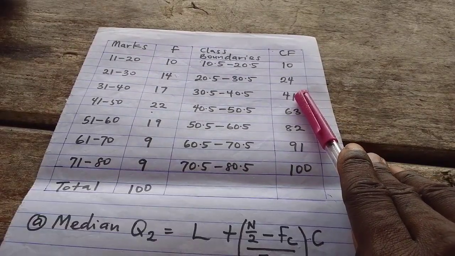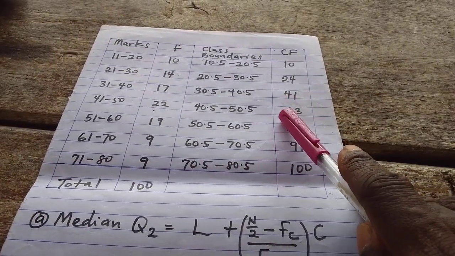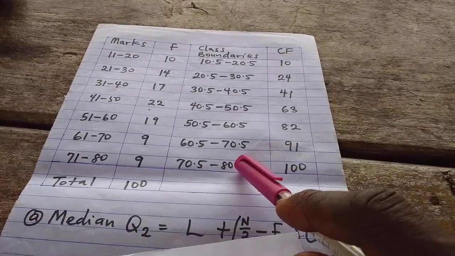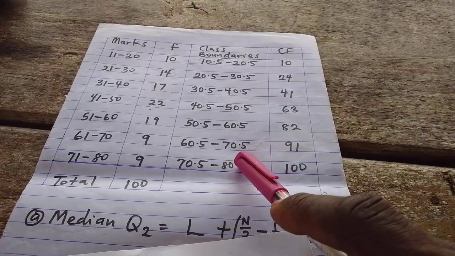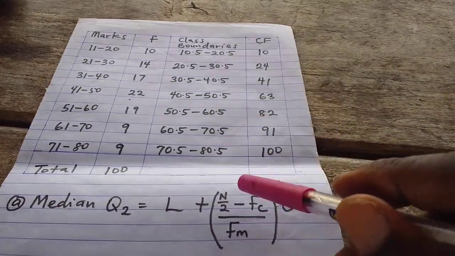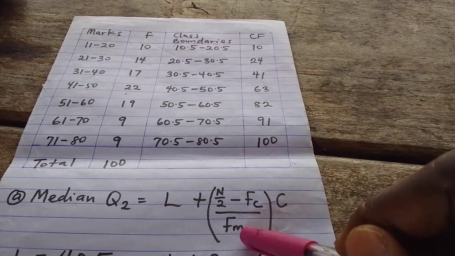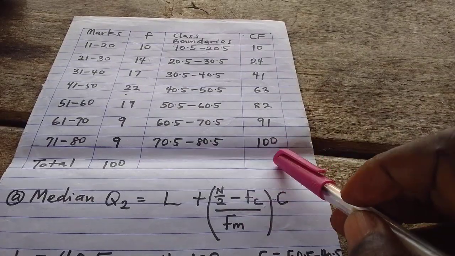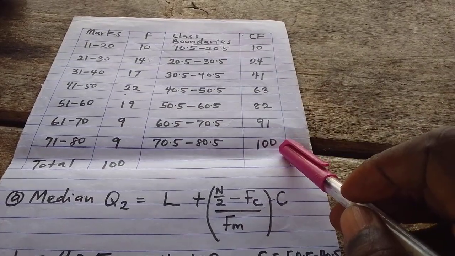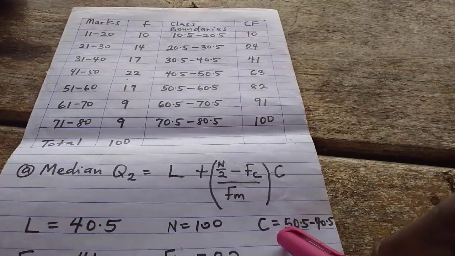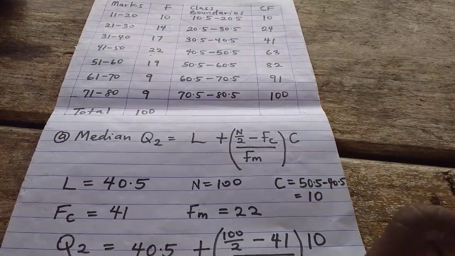Then you have your FM. Your FM is the frequency of the class interval containing the median, or the frequency of the median class. So your FM is going to be what? 22.